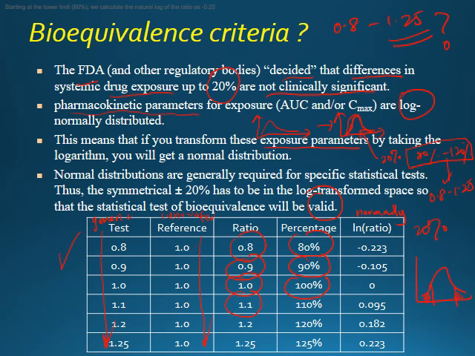Anything that falls between point A and point B, the criteria is met. 80% when you log it becomes negative 0.223, and 125% is transformed into 0.223, which is normally distributed. That's why we take 0.8 to 1.25 as the criteria for bioequivalence.